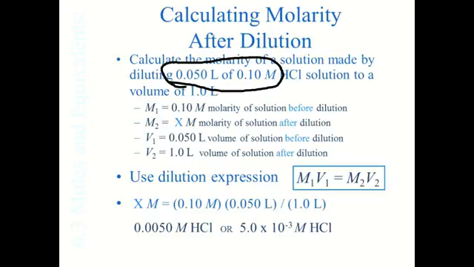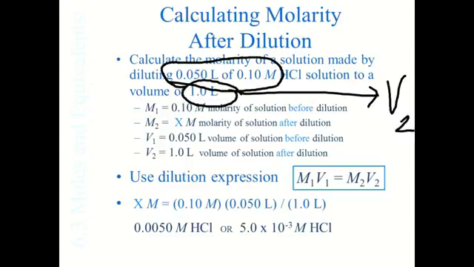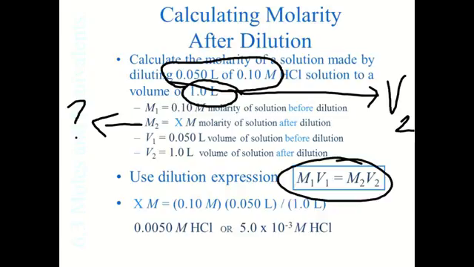So M1 is 0.1 and V1 is 0.050 liters. Your final volume is 1 liter, so that is V2. So what is it that we're trying to find? M2. M2 is the question mark. So you come up with the formula M1 V1 equals M2 V2, and you're solving for M2. Can you try it, please? Can you substitute and solve?